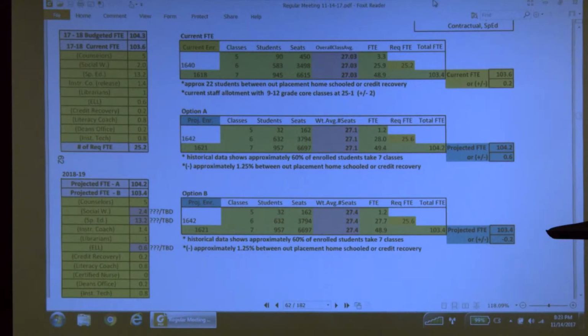The other thing is why it's worthwhile looking at it: the next year you project that enrollment's going to go from 642 to 683. That's going to be a teacher or two. And the next year you're projecting it's going to go to 1703. That's another teacher or two.